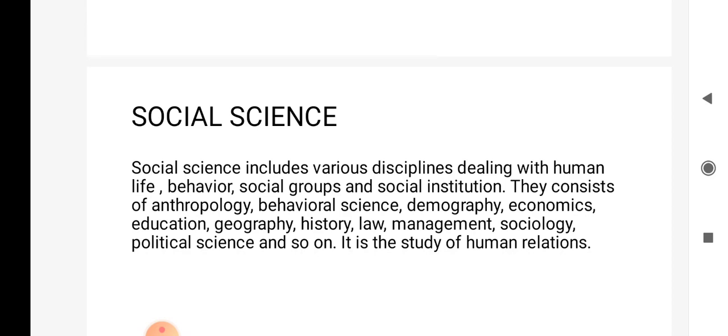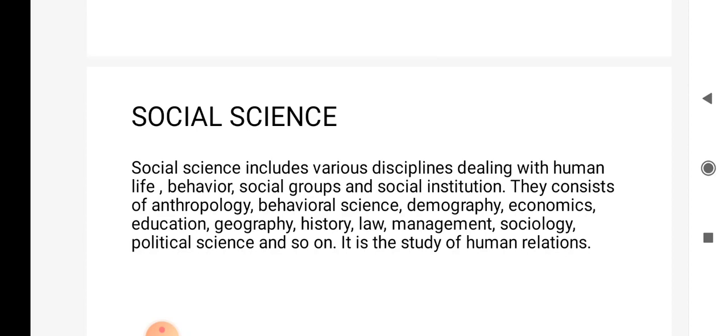Economics, the various aspects of economics, the economic conditions, system structures, and so on. Education, geography, history, law, management, sociology, political science, and so on. So it is a very vast and wide concept which takes into account the aspects relating to various subjects. It is a study of human relations.